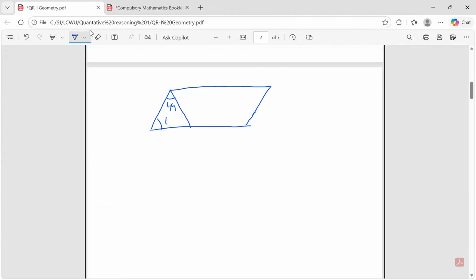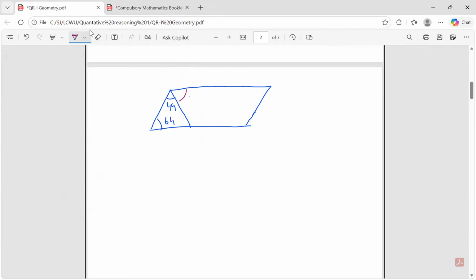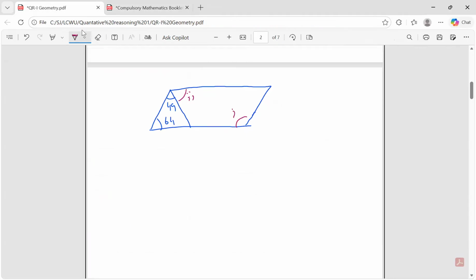This angle is 64 degrees. And the angles you need to find out are this angle in the second part and this angle in the first part, right? These are the two angles which you need to find out. And the labeling is A, B, C, D, and E.